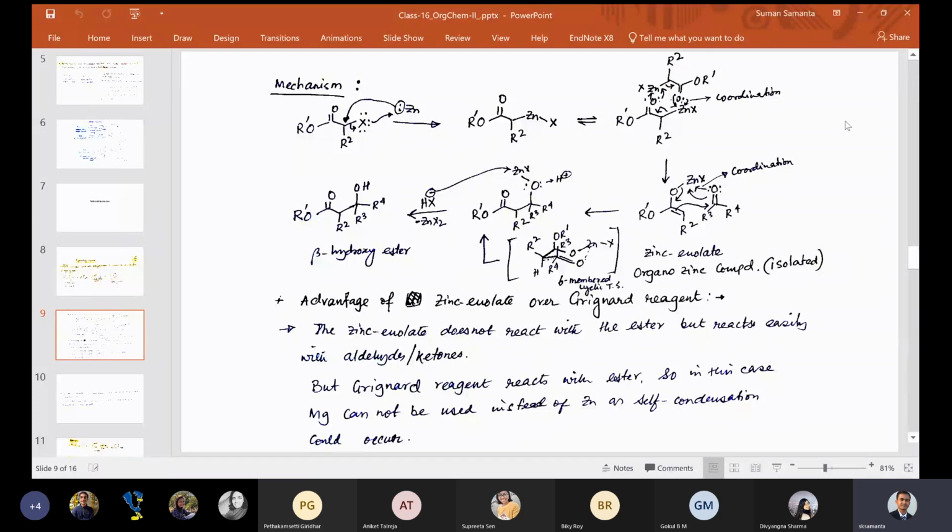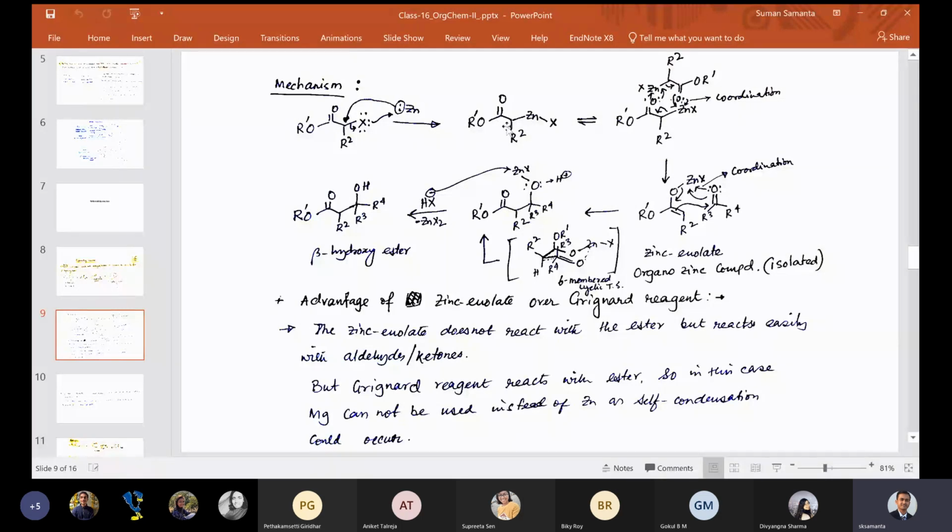So you cannot use Grignard reagent together with an ester. Grignard reagent reacts with an ester very easily, but organozinc compounds are not so reactive that they could react with this ester. That is why these reagents are stable even in the presence of this ester group.